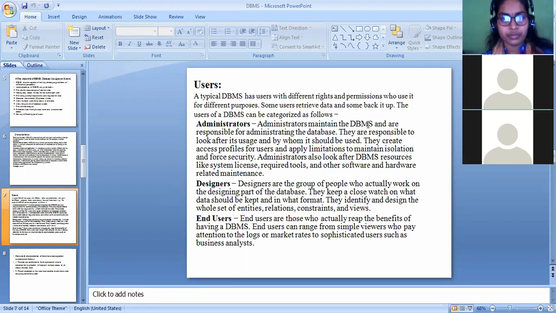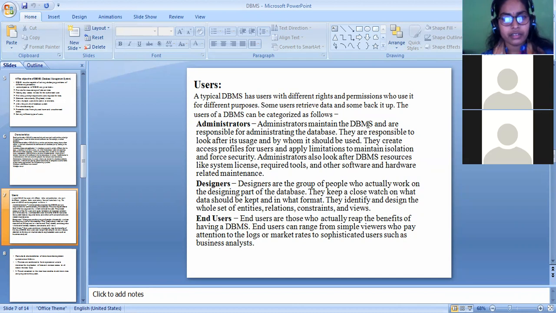They are responsible to look after its uses and by whom it should be used. They can see which data can be used or why it can be used. It decides whether that data is to be used or not. The administrator also accesses the profiles for users and applies the limitations to maintain isolation for security.